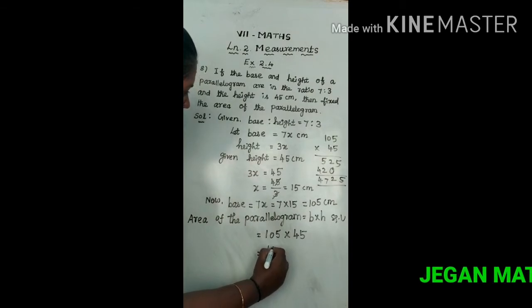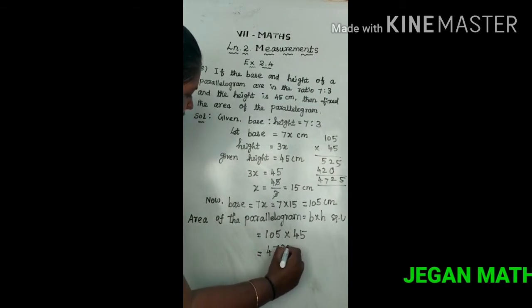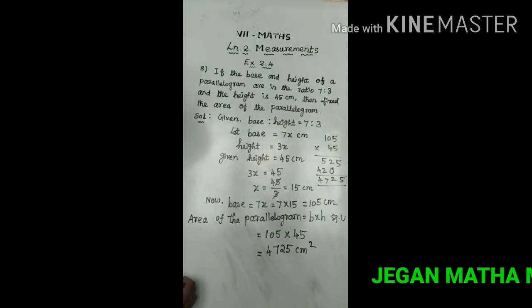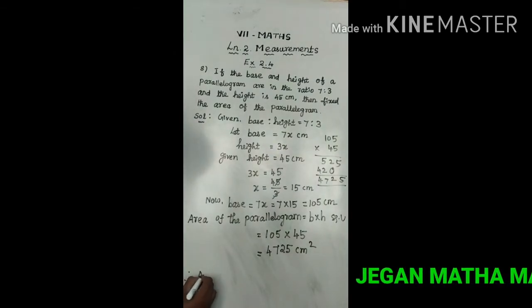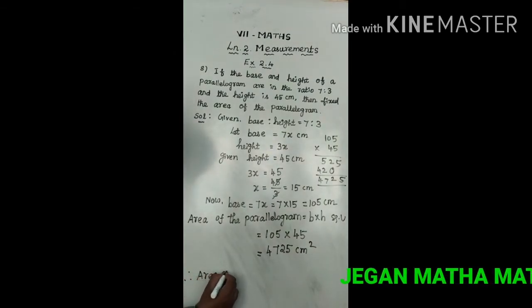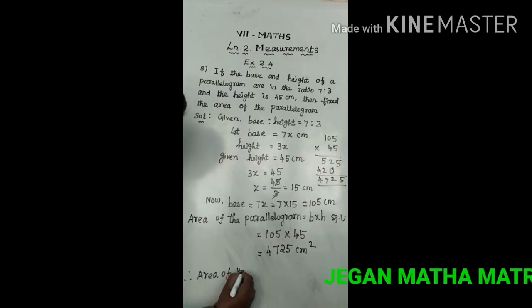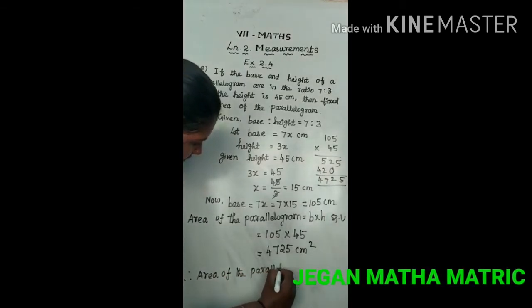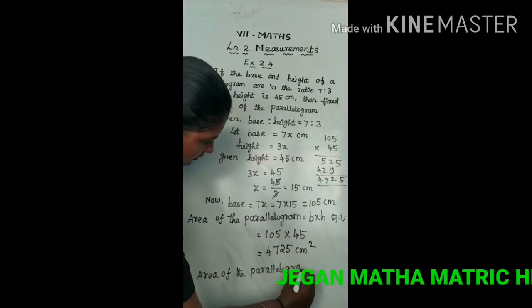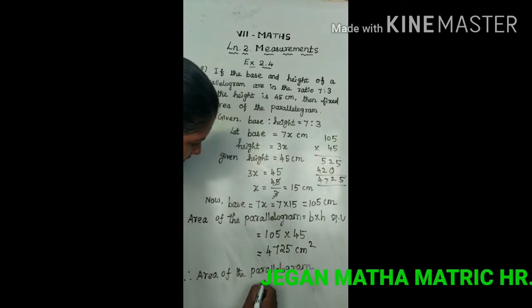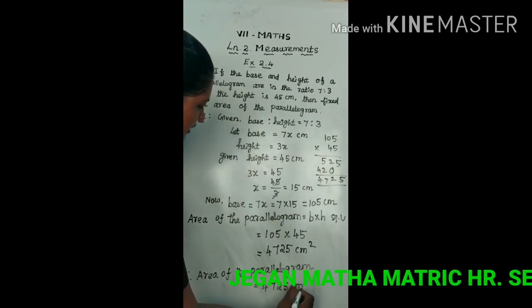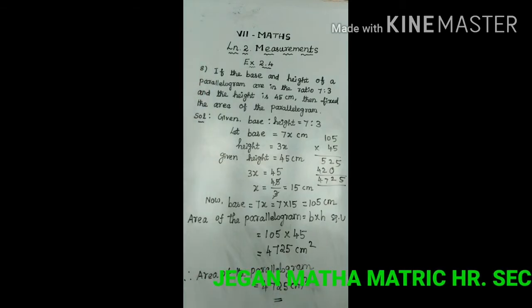So the area of the parallelogram in the given sum is equal to 4725 centimeter square. This is the 8th one's answer.